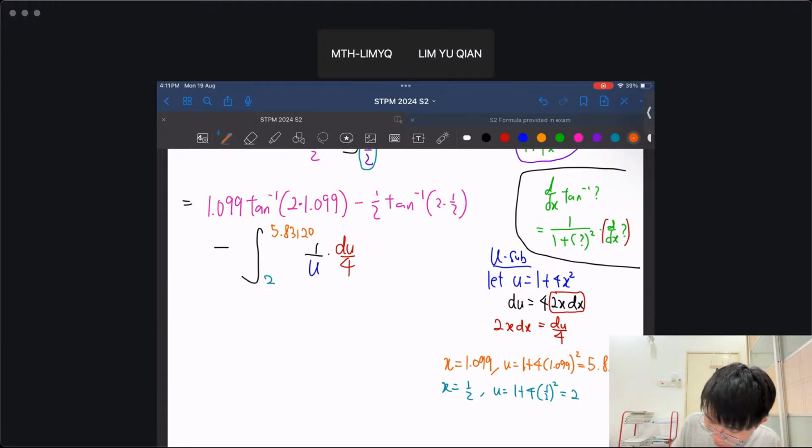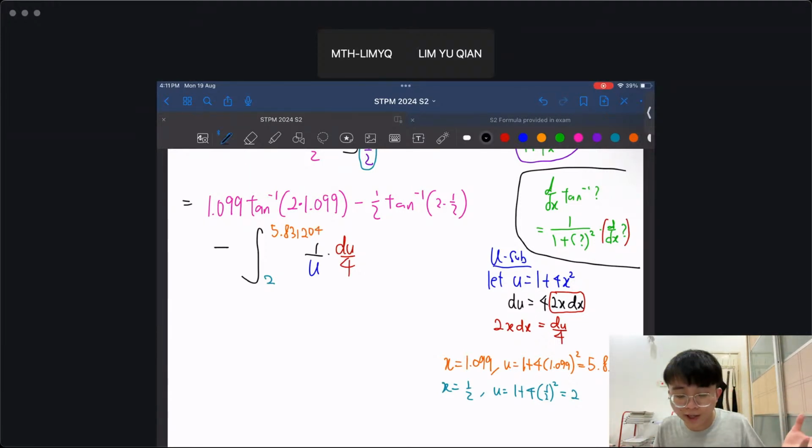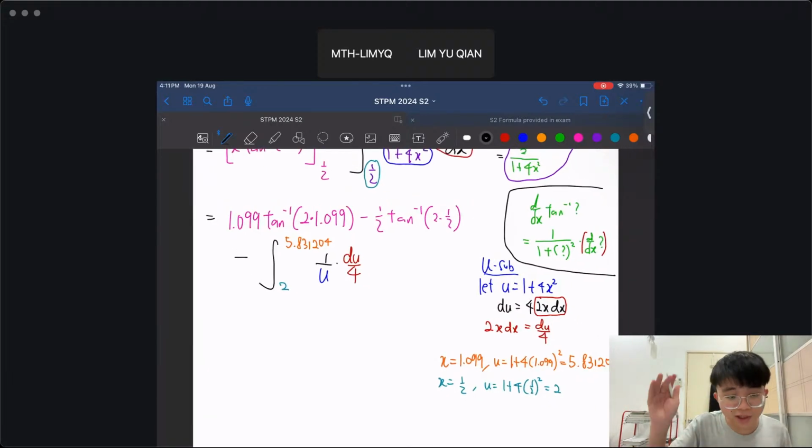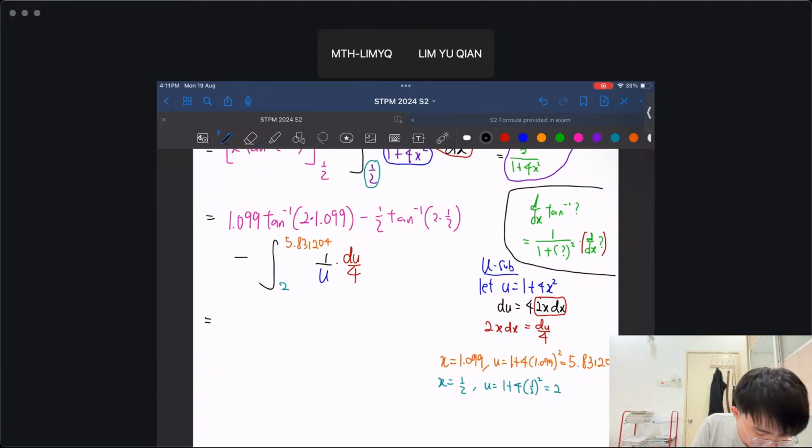Just put everything to be safe, so we don't get any error. Because this integration has 2 parts even, later you have to add them. So 1.099 times arctangent of 2 times 1.099. Okay, use your calculator.